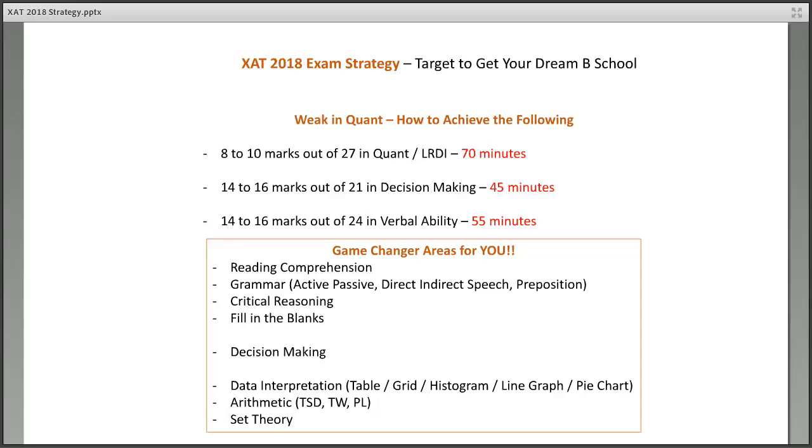If you have mastered decision making over last 1 week and you are ready to give next 2 weeks to decision making, trust me, 14 to 16 is not a big deal when it comes to decision making section.